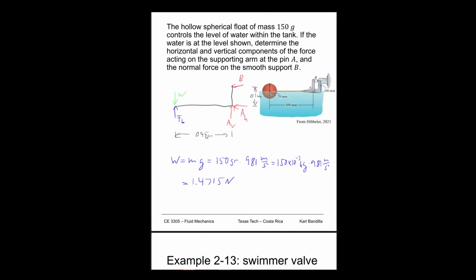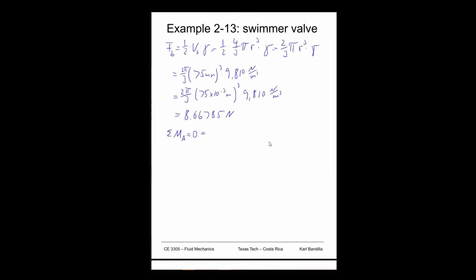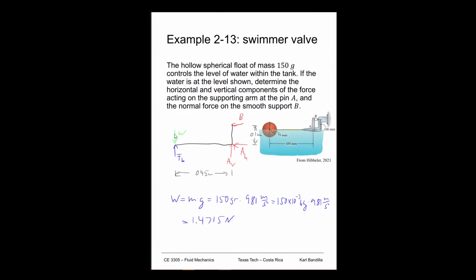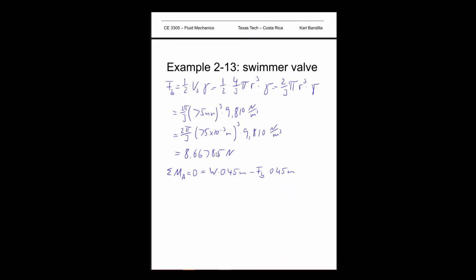The weight is going to go in positive with a moment arm of 0.45 meters, which means the buoyant force is going to go negative with the same arm, because it's acting exactly the same in the opposite direction, but parallel. And then B goes in positive as well with a 0.1 meter moment arm, so plus B times 0.1 meters.